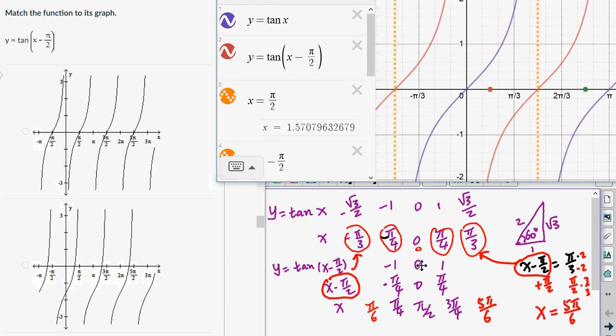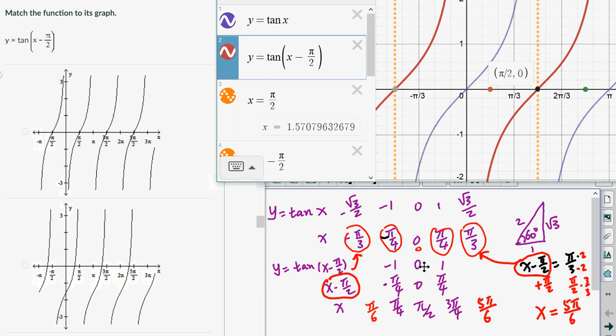So this basically tells us that in order to have tangent of x minus pi over 2 be 0, we need x to be pi over 2 rather than 0. So originally it was (0, 0). Now it has to be pi over 2. You plug in here, you subtract pi over 2, you get this big quantity be 0.